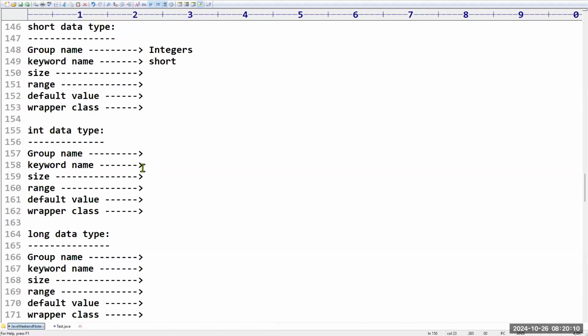You can see here we have short. The keyword name is nothing but short. Sir, what about the size? It is going to occupy 2 bytes.